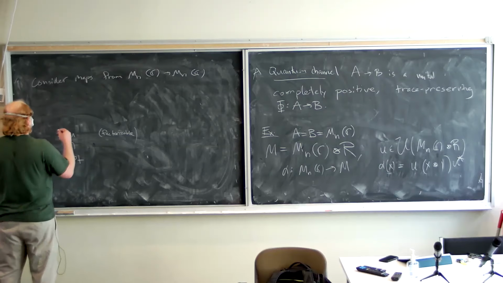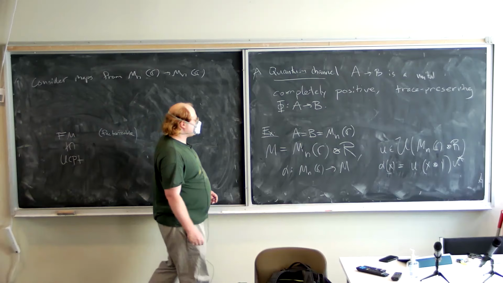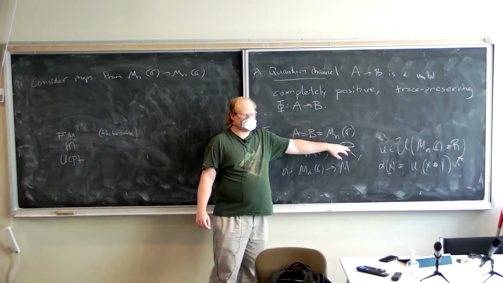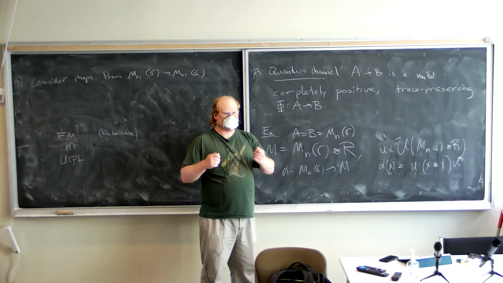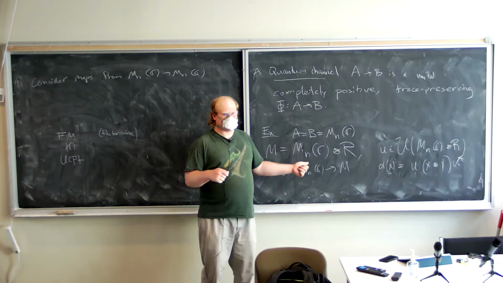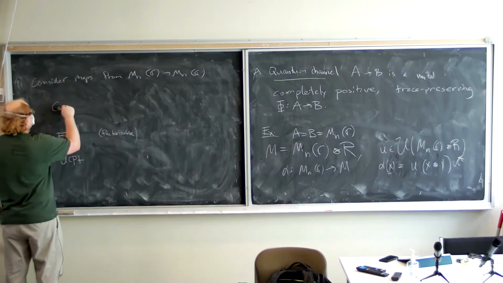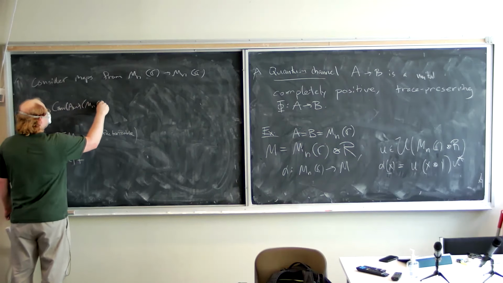And in terms of factorizable maps, one instance of a factorizable map is if you replace this with a commutative algebra, which would basically mean that your map was a convex combination of unitary conjugations or automorphisms of n by n matrices. So you could have the convex hull of automorphisms of matrices.